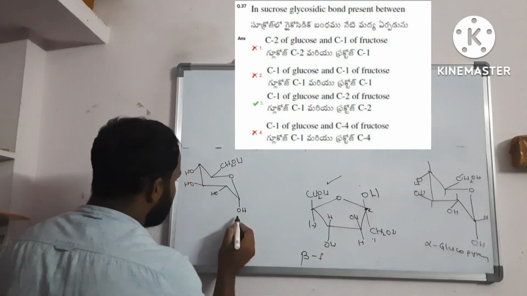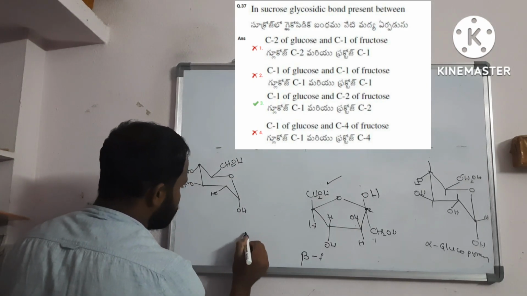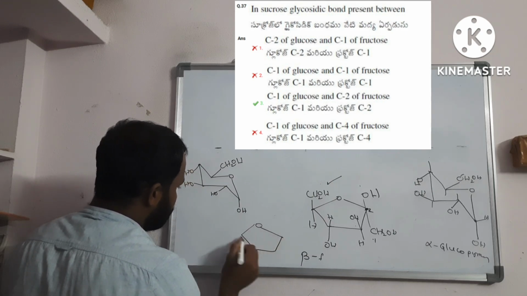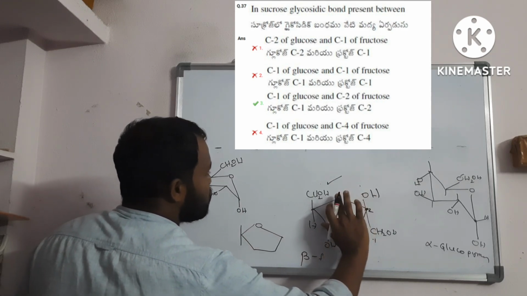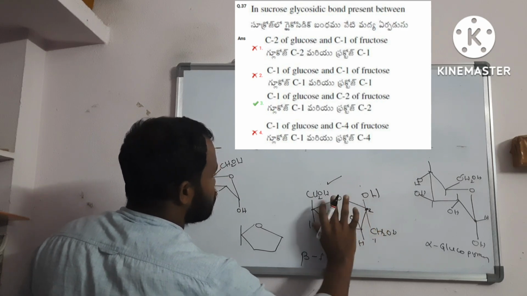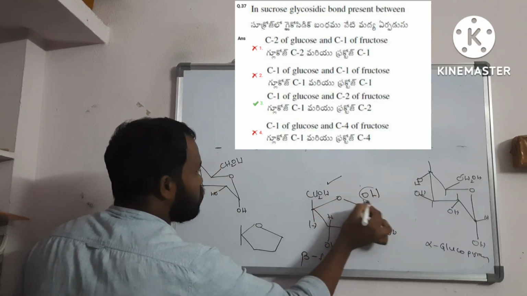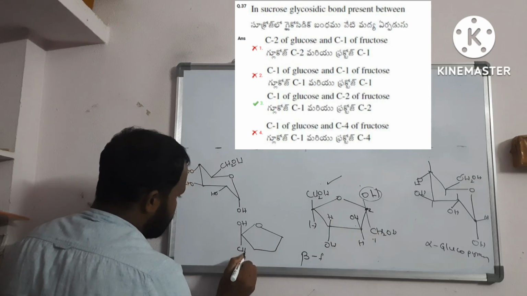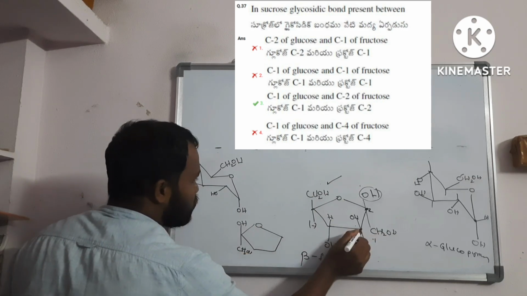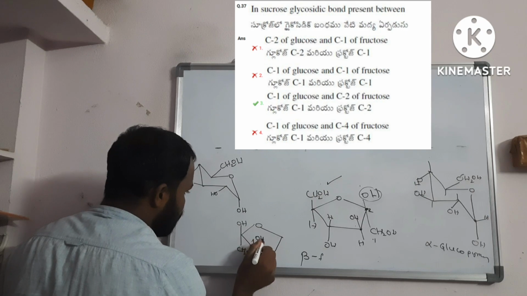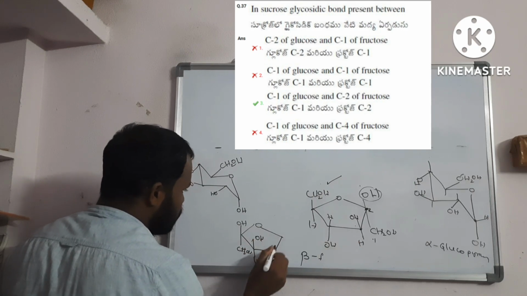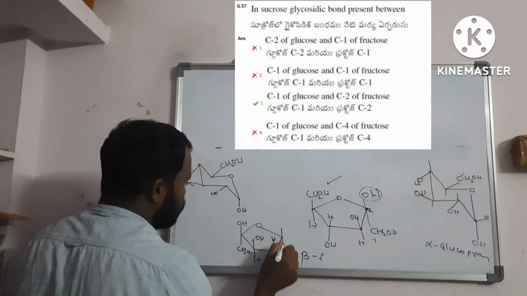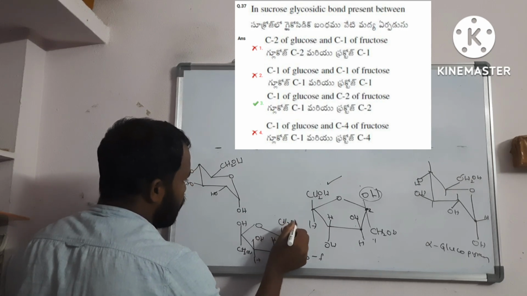If you want to write here directly, you should write the structure of fructofuranose here. I am just interchanging this. This is like flipping. Flipping means this OH comes here, then CH2OH comes here. Next attached carbon is this one. This OH comes here, and remaining H comes here. Then next third one H, OH. Then fourth one CH2OH and H.